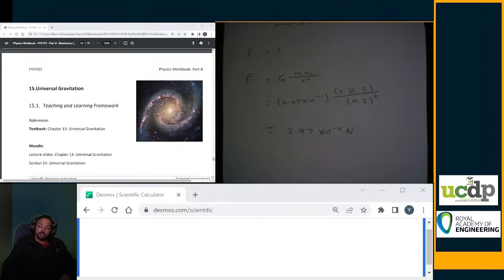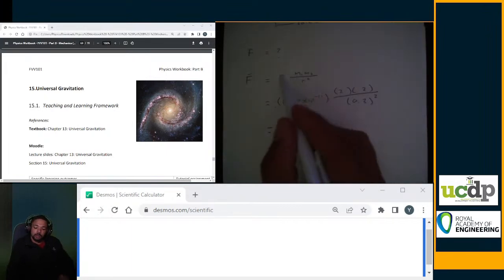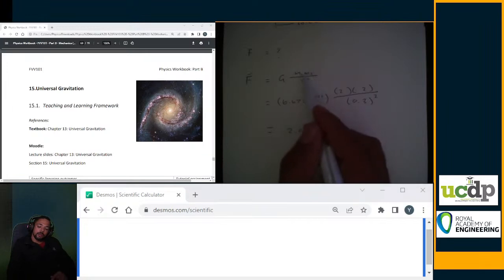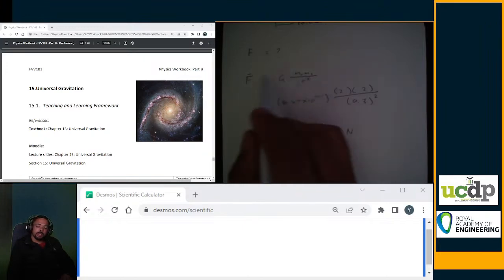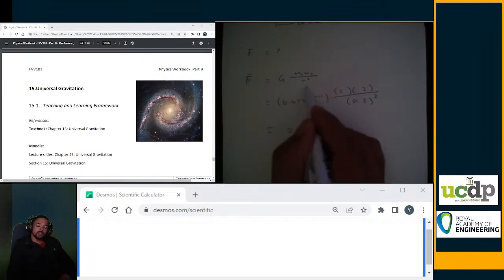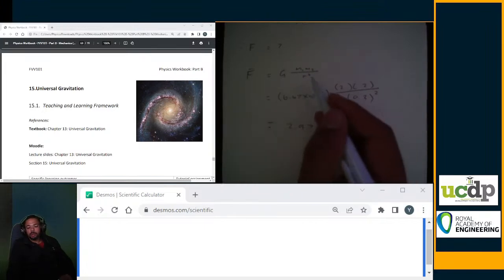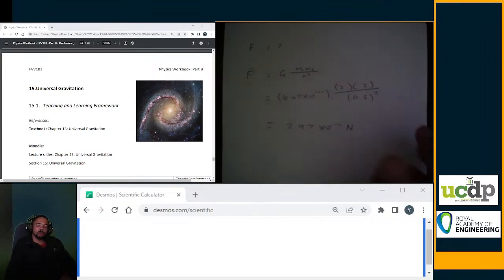Just a side note, if we look at this formula, you will see that gravitational forces will increase as the masses get bigger, because gravitational force is directly proportional to the product of the masses and inversely proportional to the distance between their two centers, meaning that if the distance between the two particles become larger, the force between them becomes smaller.